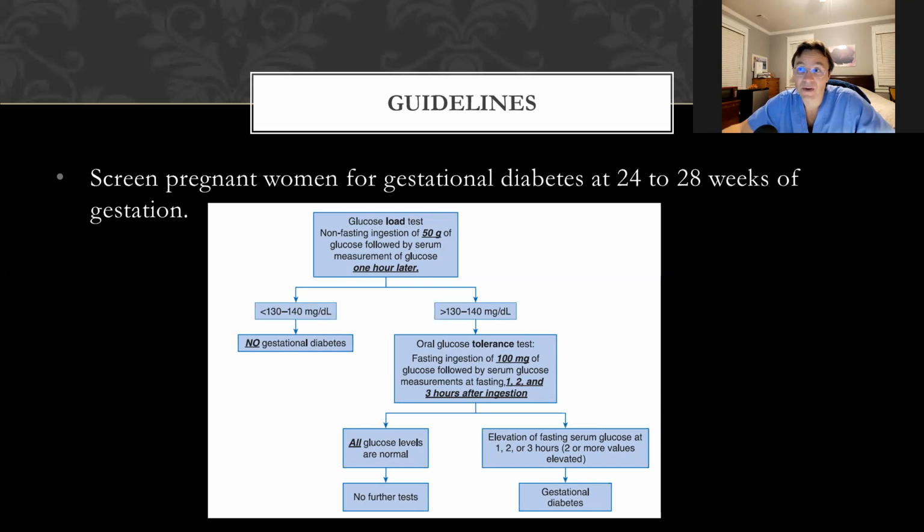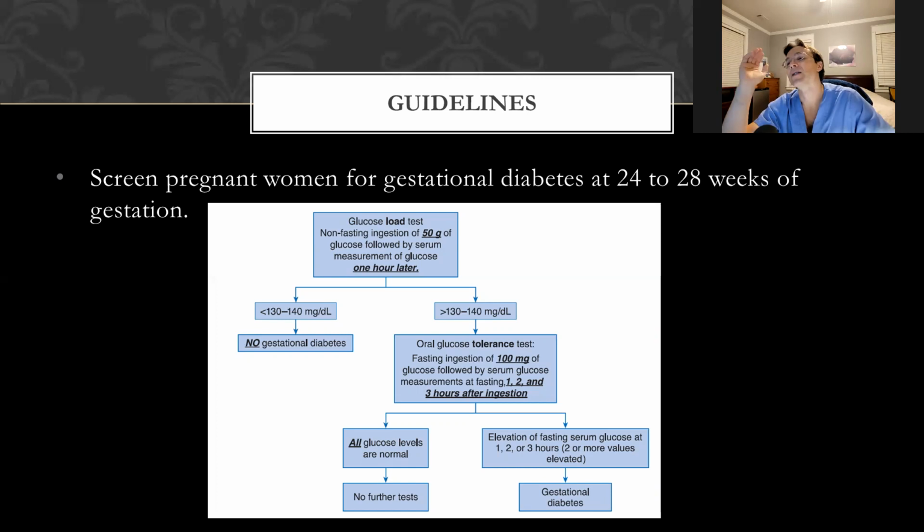Just comes in, you give them 50 grams of glucose, and you check the blood glucose in 1 hour. That's your first step. And if the level is less than 130 or 140 milligrams per deciliter, then you say, oh, listen, you're good, right? There's no gestational diabetes. But if it's above 130 or 140, then I'd say, listen, something's off. Something stinks in suburbia. We've got to do a little extra digging.